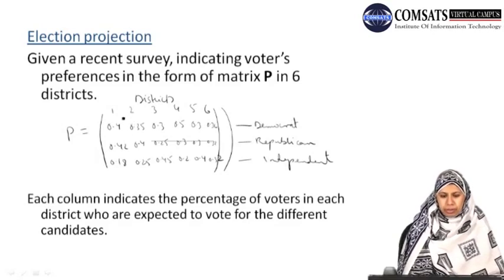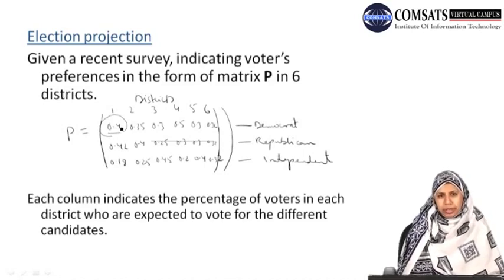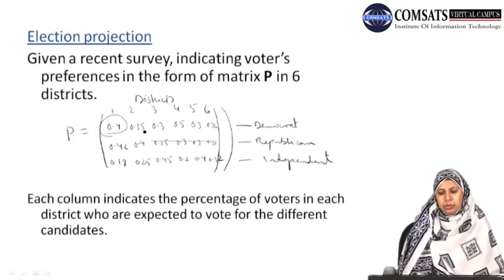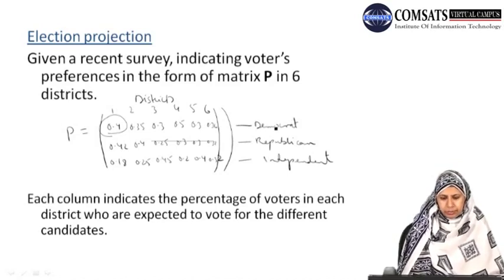For example, column 1 represents the percentage of the voters in District 1. What does this entry tell us? That in District 1, 40% of the voters are expected to vote for the Democratic candidate.